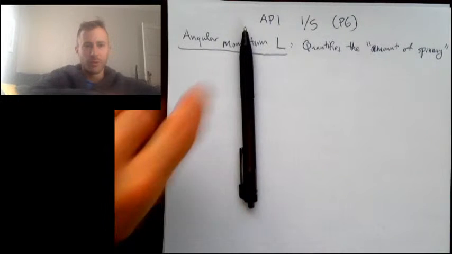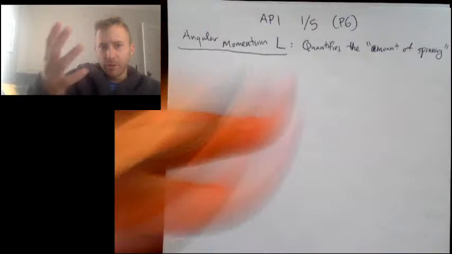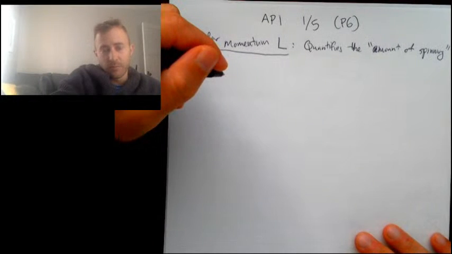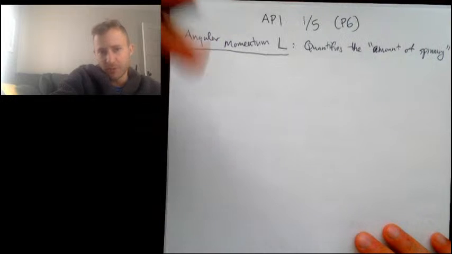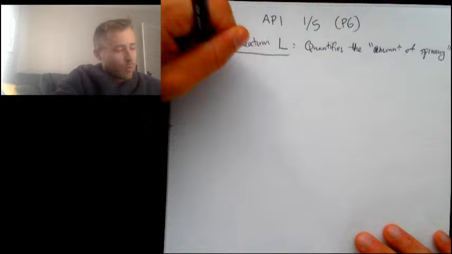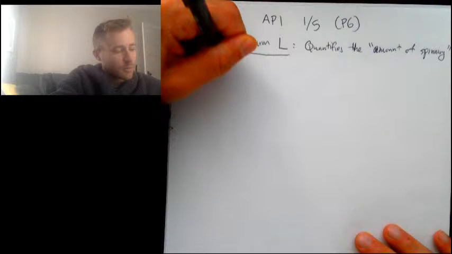They're both angular momentum, but they have different names just to help us understand. And so there's something called an orbital angular momentum.